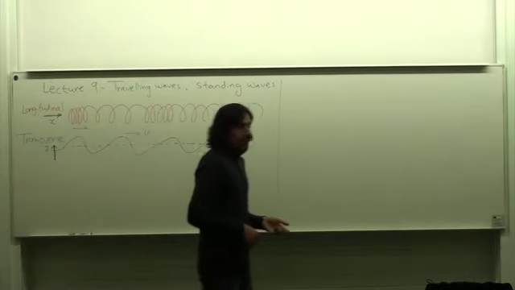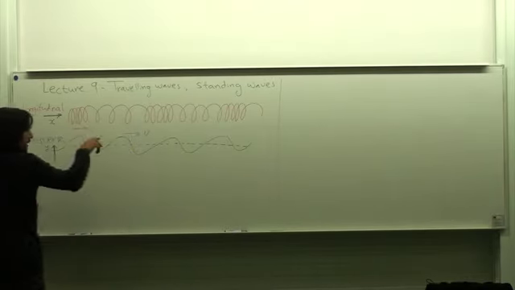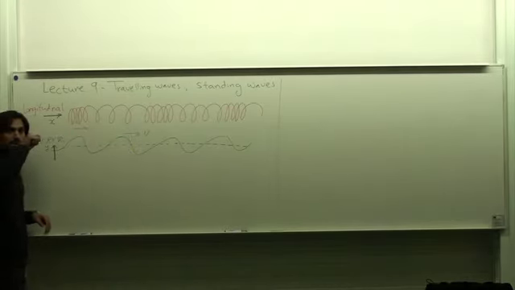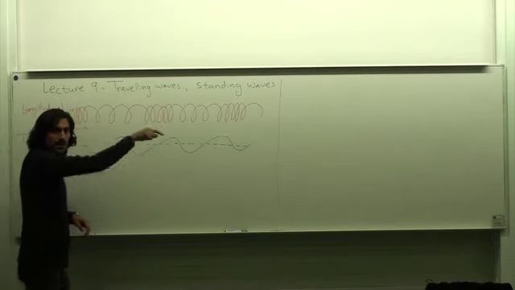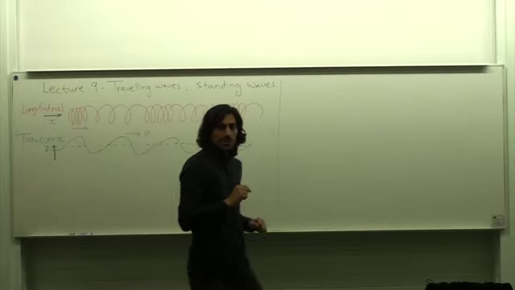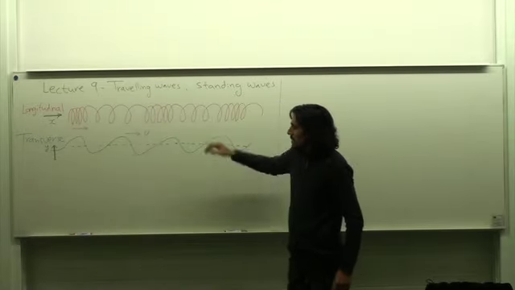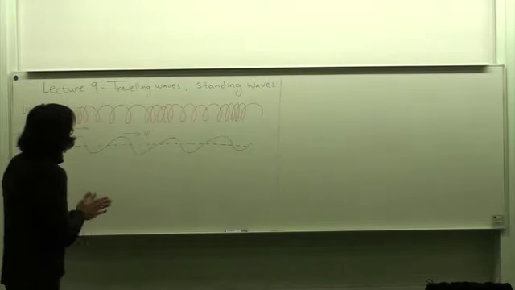But you could also think of a long spring, and you generate the disturbance by pushing the spring in the x direction, and the disturbance is also in the x direction. This type of wave is called a longitudinal wave.